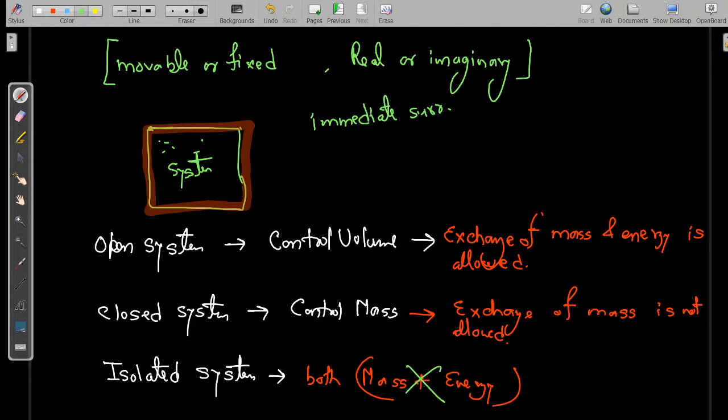So can we say that for a closed system mass is constant? Tell me, can we say it? Is this sentence correct or not? If I am saying that for a closed system mass is constant, whether this statement is correct or not?